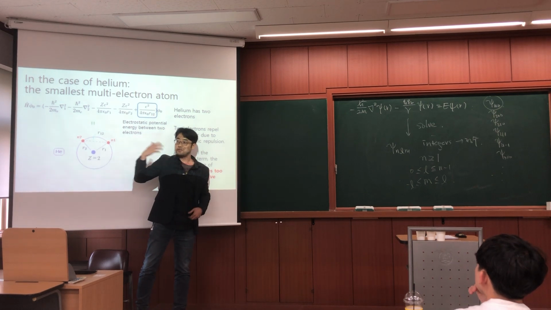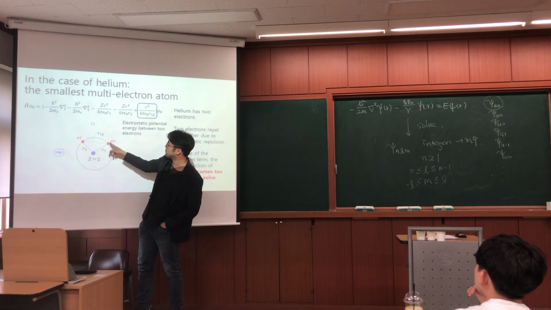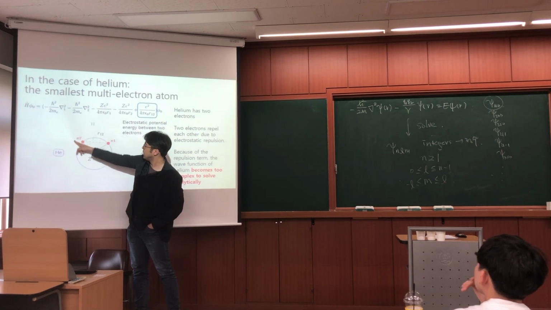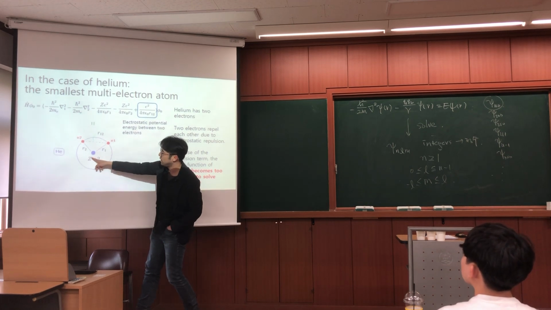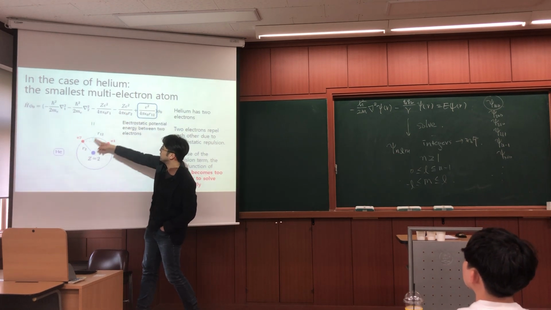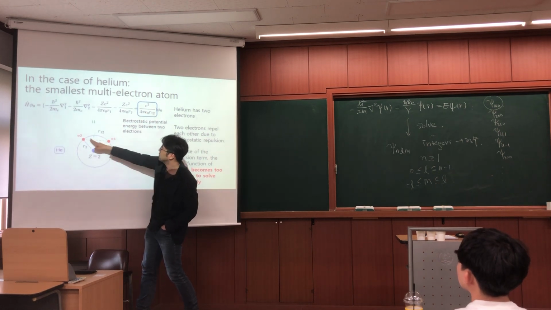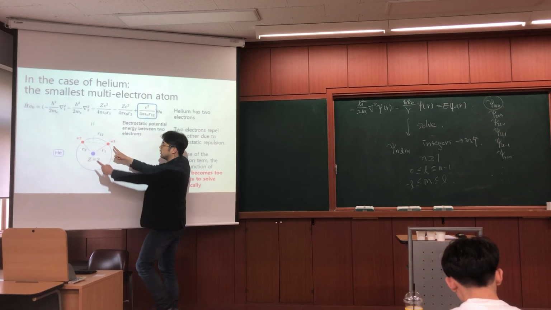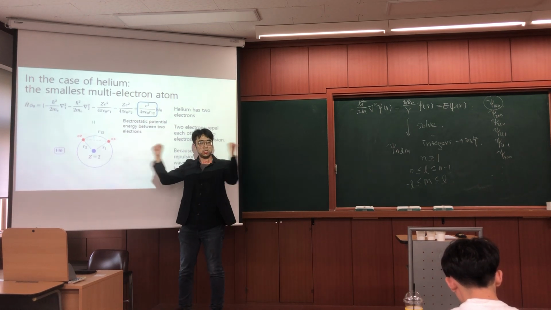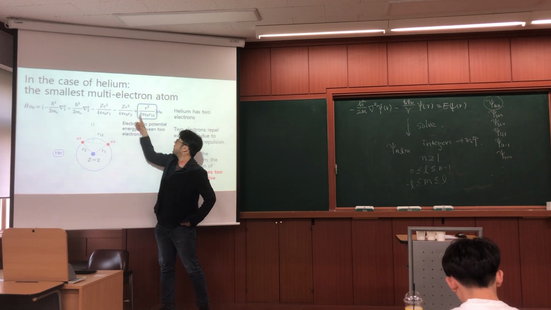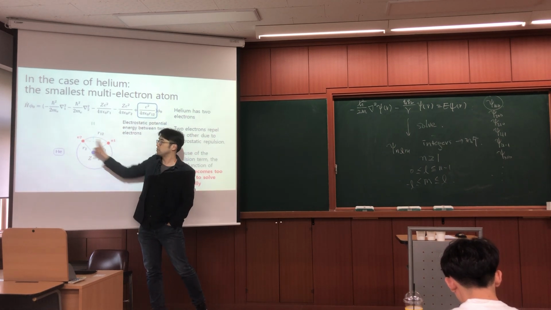This one corresponds to the kinetic energy of this electron. This one corresponds to the kinetic energy of this other electron, and this one is the potential energy of attraction by the nucleus, and this one is also the potential energy of attraction by the nucleus. And this term is the repulsion energy, because the electrons have negative charge and repel each other, so this corresponds to the repulsion energy due to the presence of 2 electrons.